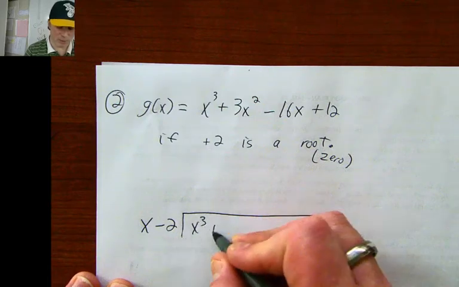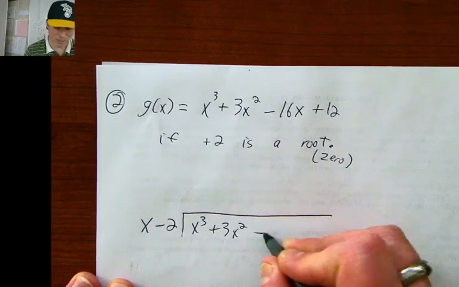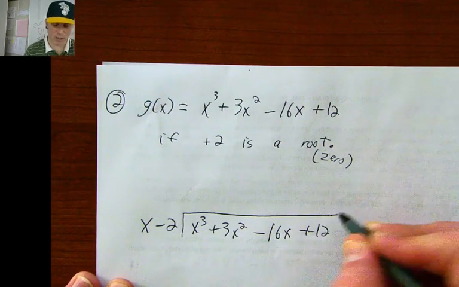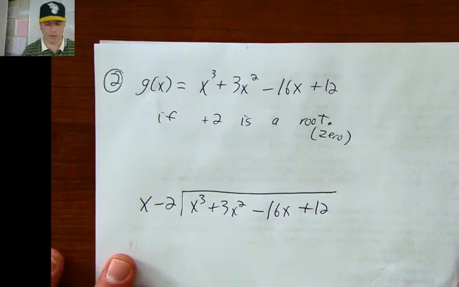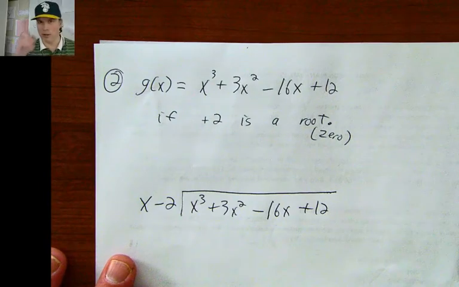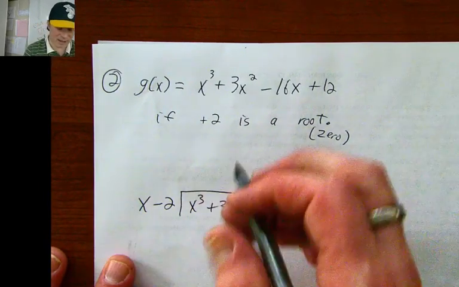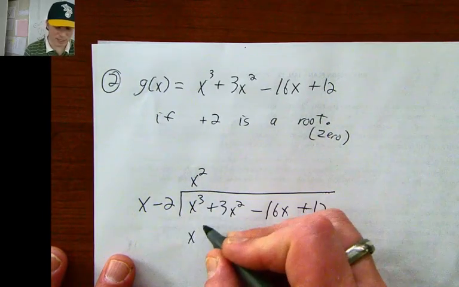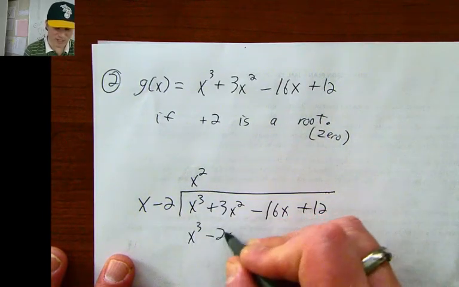X cubed plus 3x squared minus 16x plus 12, and then we start doing the long division thing. Now remember, if we get a remainder, something went wrong. X times x squared is this x cubed, so that gives me x cubed minus 2x squared.